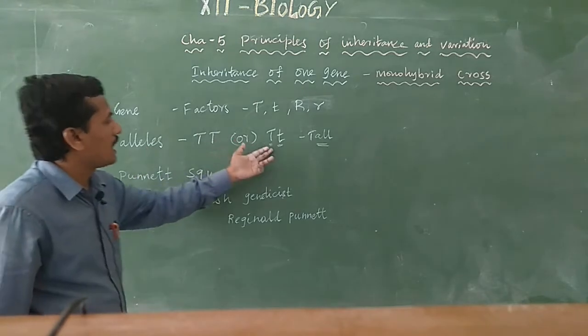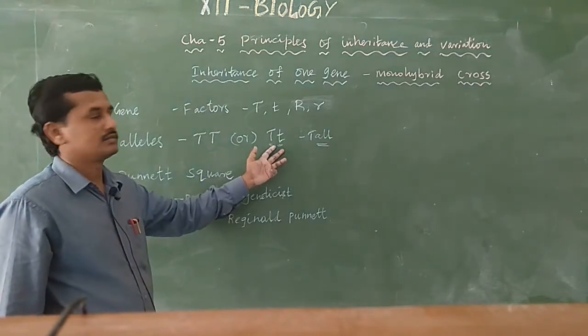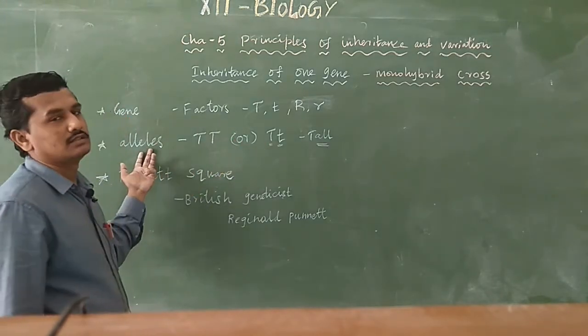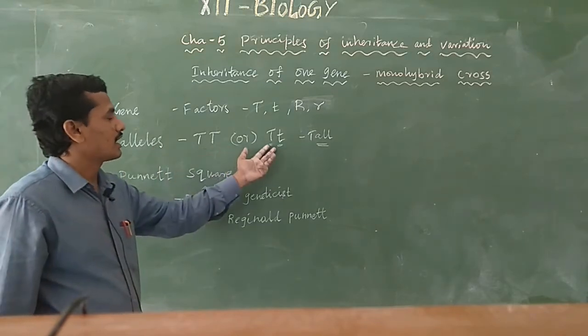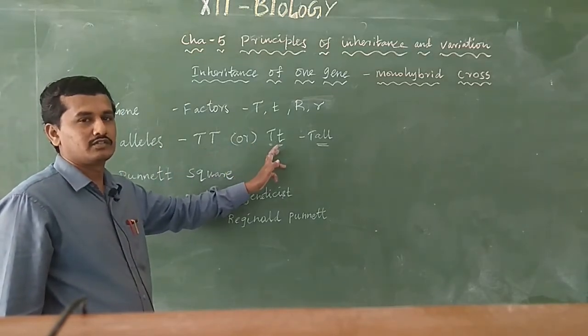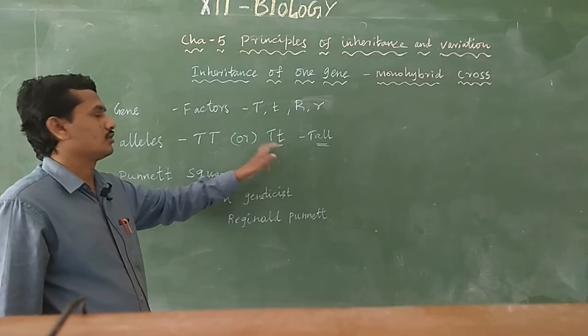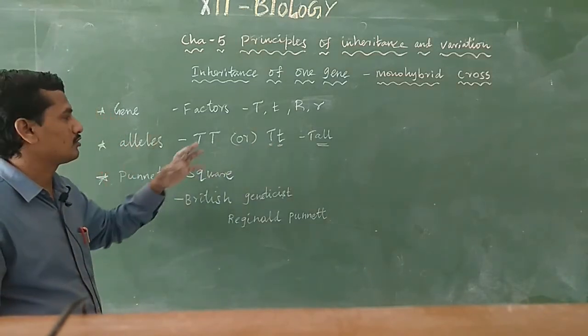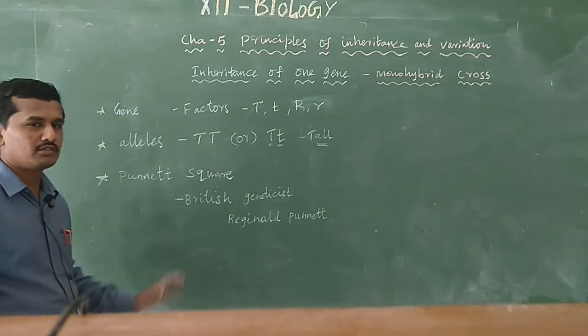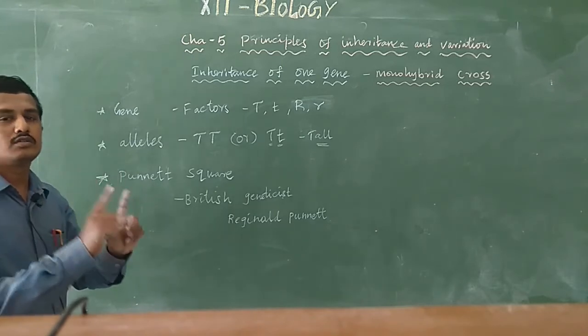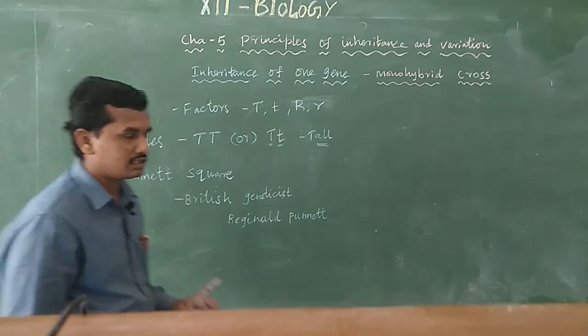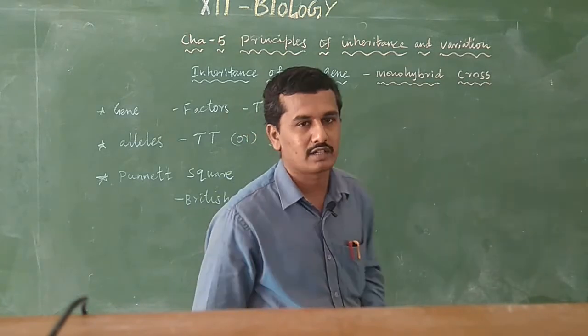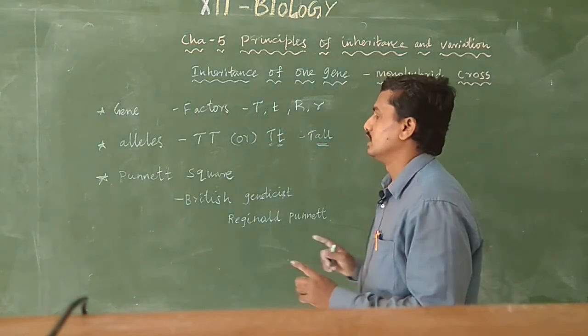Alleles means a pair of factors. Capital T, small t is an example of allele. Allele is nothing but two contrasting factors. A pair of contrasting traits, a pair of contrasting factors, is known as allele.